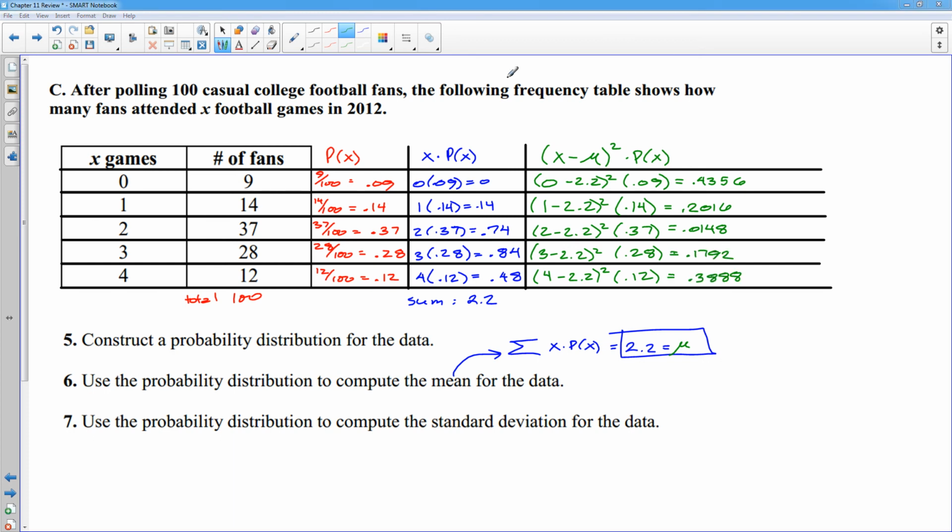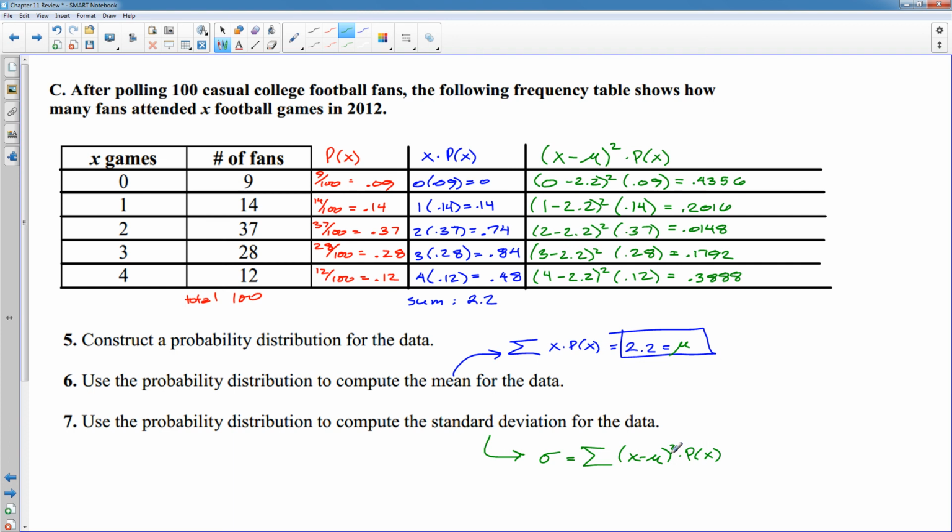All right, there you go. So I multiplied all of those together, and then to get the standard deviation, like we did with the mean, what I'm going to do now, my standard deviation symbol, my sigma looks stupid. There, whatever. Just like with mean, we're going to add up all of those numbers. So the sum of all of the x minus mu squared times p of x gives you the standard deviation.